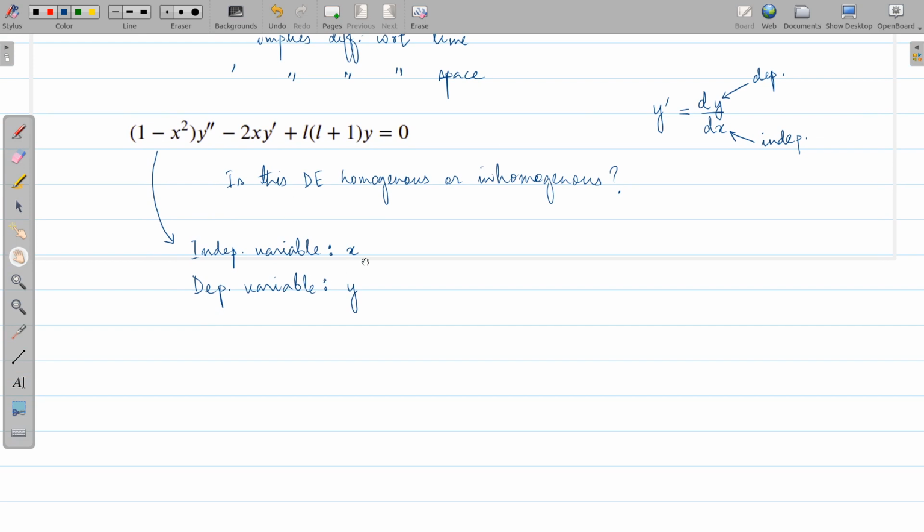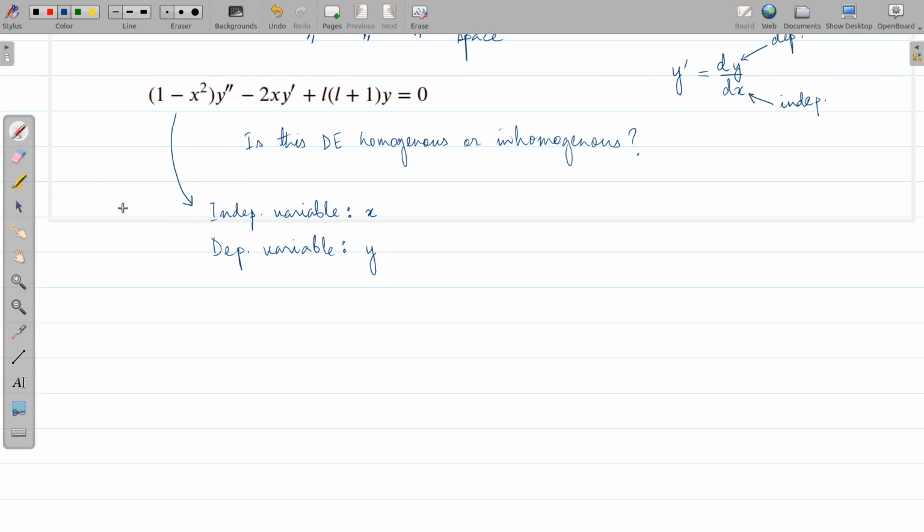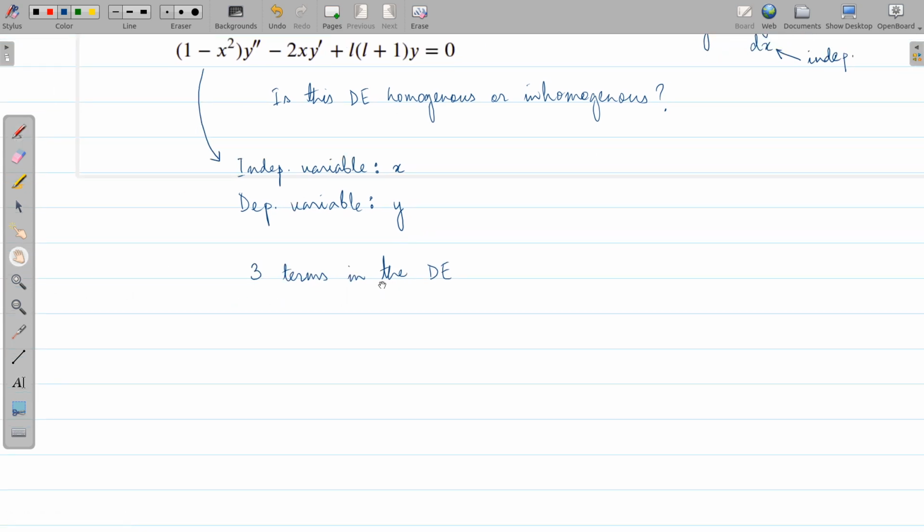Okay, so now that you know the dependent and the independent variable, just ask yourself, how many terms do I have? So there are three terms, right? There are three terms in the differential equation. Okay, we don't consider the zero to be a term. There are basically three terms in this differential equation, or any differential equation.